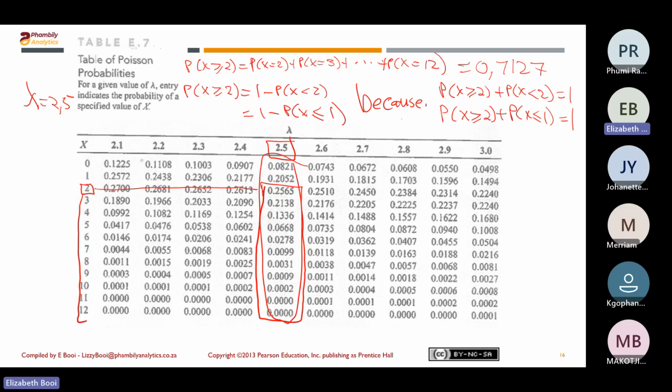If you add all of them, they will give you 1. So find the one that you feel comfortable working with, whether you want to add the entire table or use the complement.